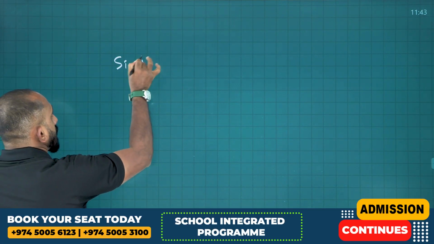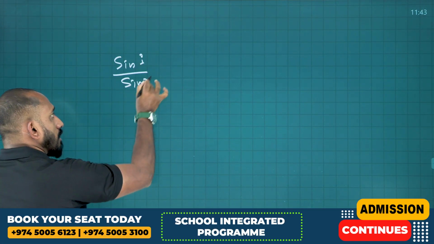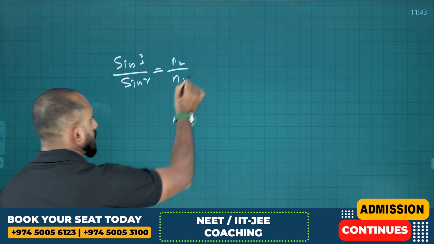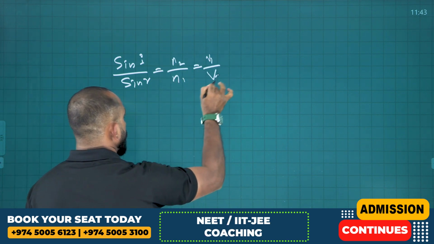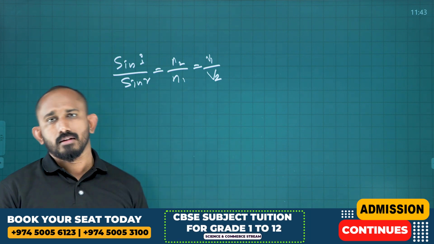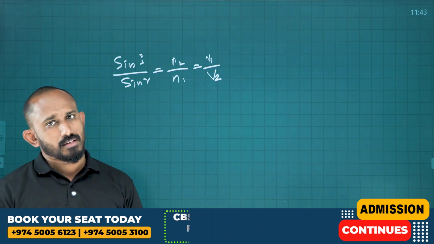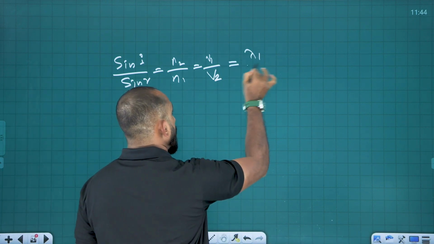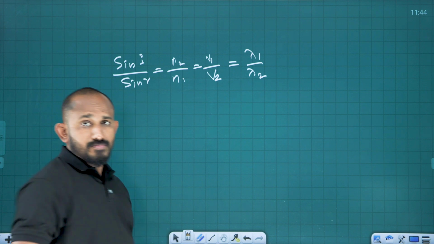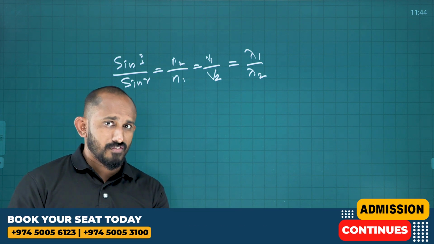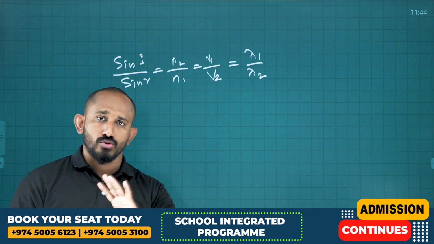Sin i by sin r is equal to n2 by n1, and that is equal to v1 by v2, the speeds in the first medium and the second medium. The same we can express in terms of wavelength also, lambda 1 by lambda 2, because speed divided by wavelength is frequency, and frequency will be constant throughout the motion.